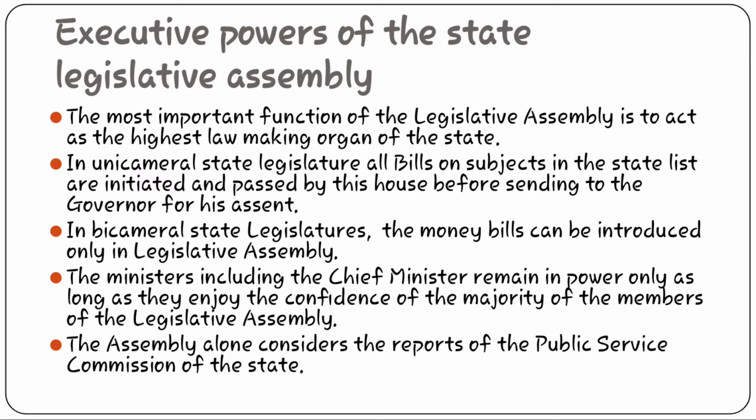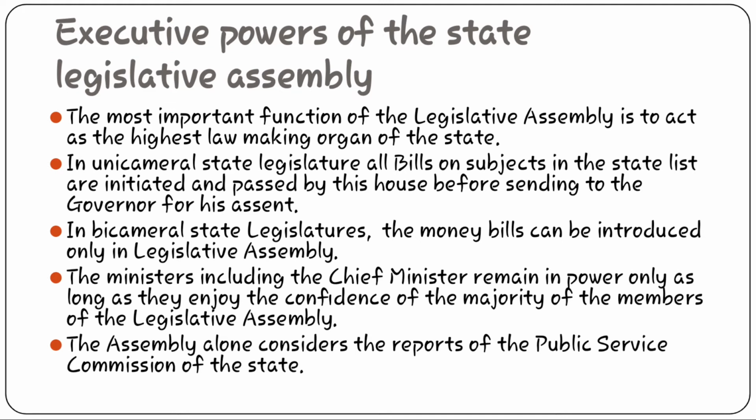In a unicameral state legislature, all bills on subjects in the state list are initiated and passed by this house, meaning the state legislative assembly, before sending to the governor for his assent. In a bicameral state legislature, money bills can be introduced in the legislative assembly only. This difference you should note.